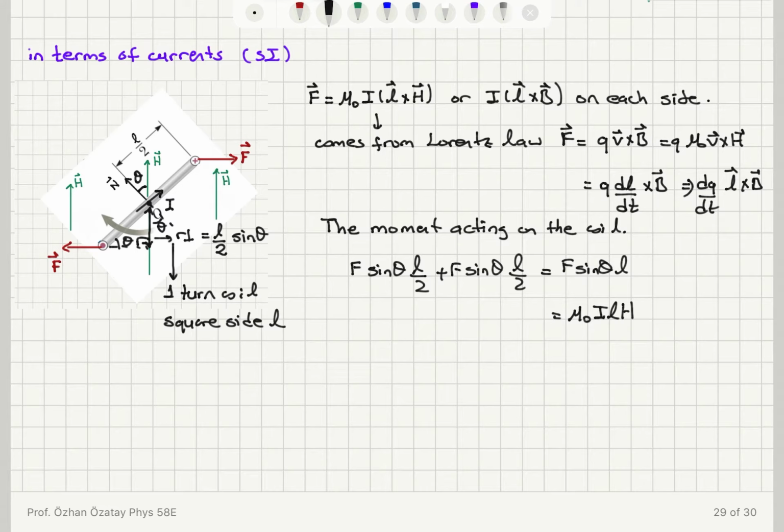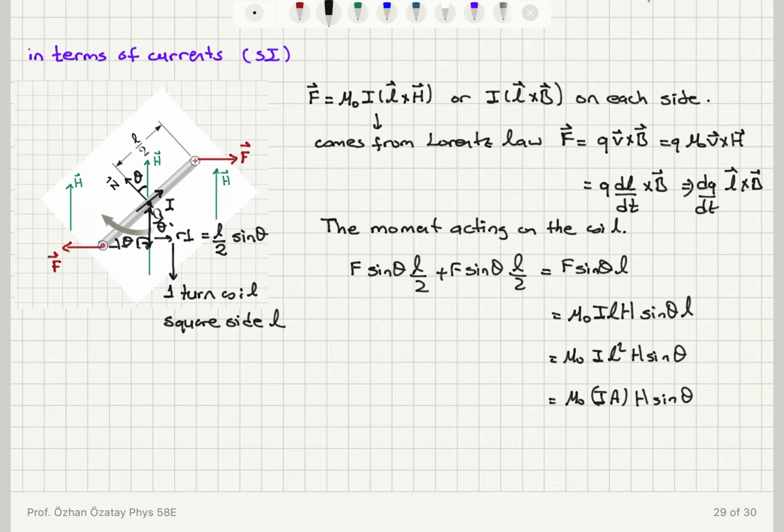So mu 0 ILH, that is the force, sine theta times L, which will be equal to mu 0 I L squared H sine theta. So this will be equal to mu 0 times current times area, H sine theta.